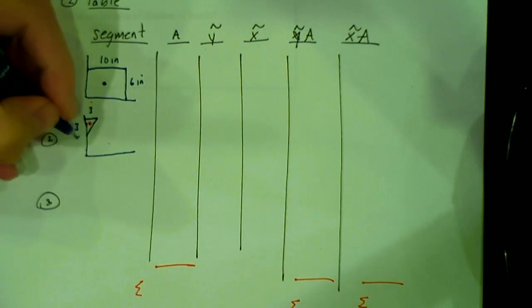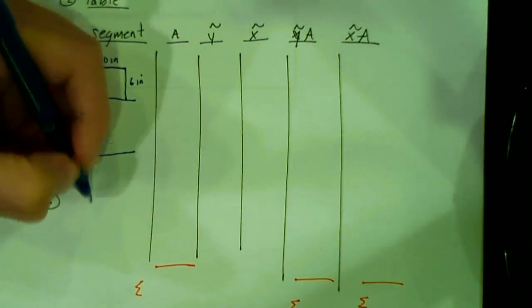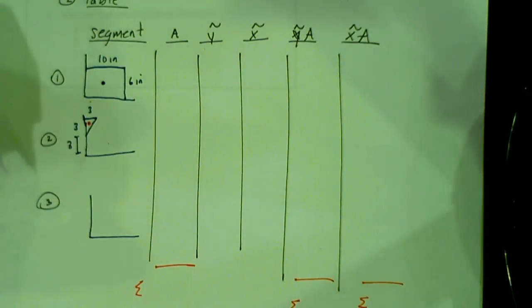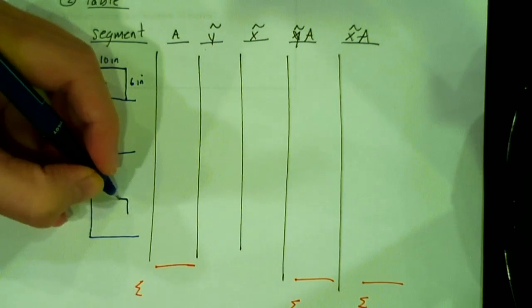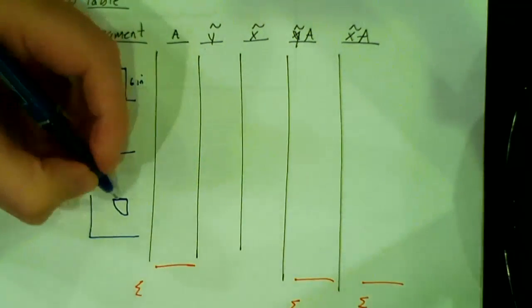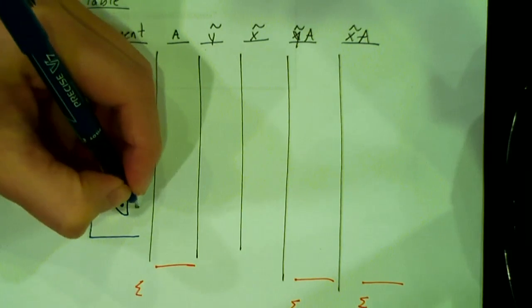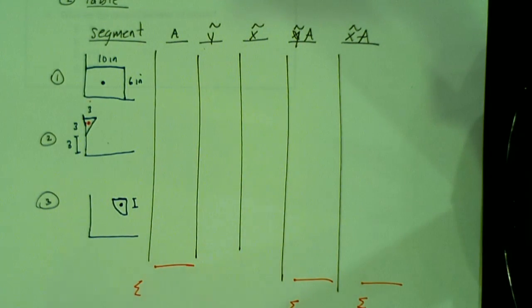This height here is also 3. Then for the next one, we have the quarter circle. This is the one that gets really weird, but in the back of the book there's a table that gives you the centroid values, and I'll tell you what that is in a minute. So let's just jump into this.